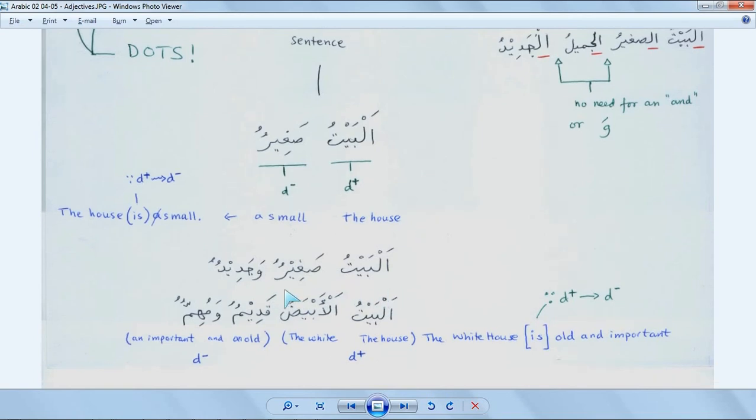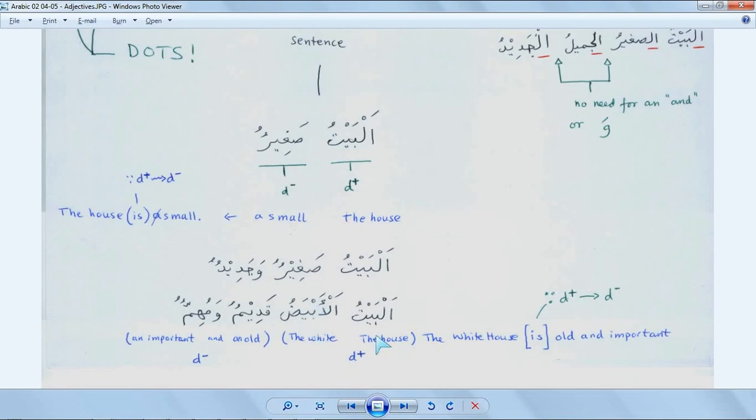Al-baytu saghirun wa jadidun. If we wanted to say the white house is an important old house, here the white house is al-baytu al-abyadu. The white, al-baytu, the house, al-abyadu, the white. So these two words are both definite. So that's an adjective.